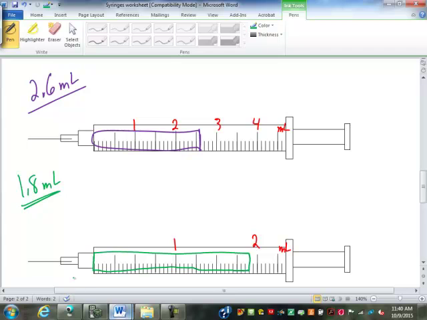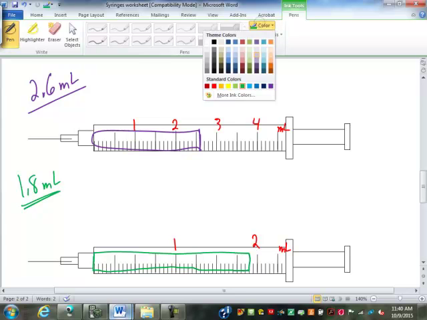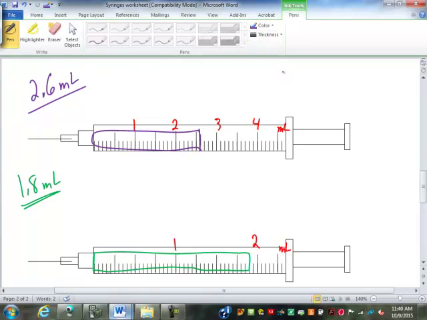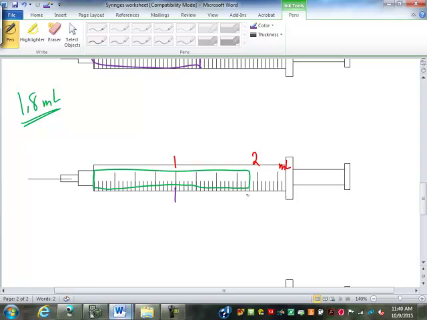Is that the correct dosage for 1.8 milliliters? Careful. From here to here, 1, 2, 3, 4, 5 times 1, 2, 3, 4. There's 20 divisions, right? 1 milliliter, each division is 0.05 milliliters.